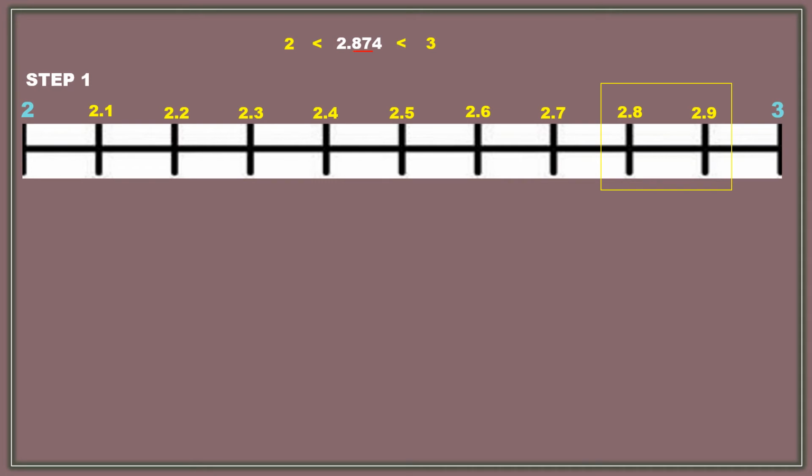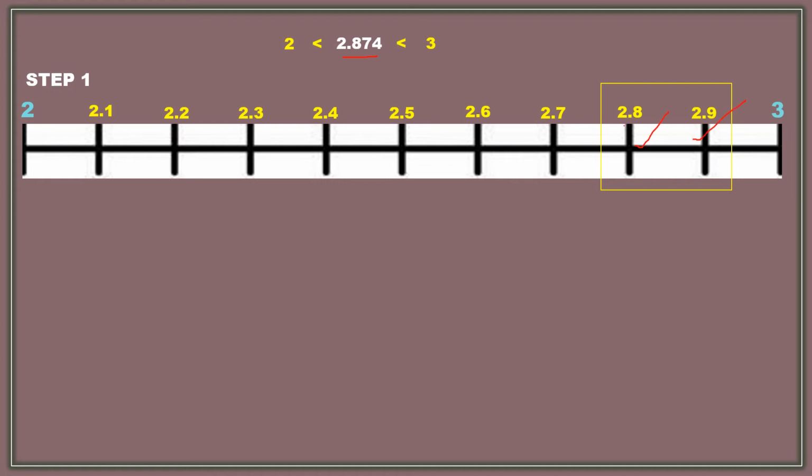If you see properly, this number is lying between 2 and 3, and we took from 2 to 3. Now again we came to know that the given number is in between 2.8 and 2.9, right?